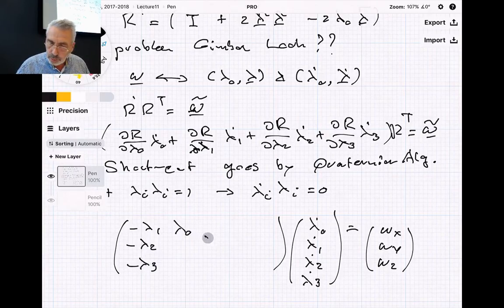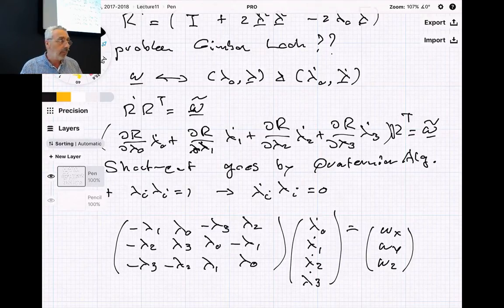Then on the diagonal we have lambda zeros, and on the off diagonal term, it's almost unbelievable, you have this skew symmetric part. So if we apply this, finally we get this result.